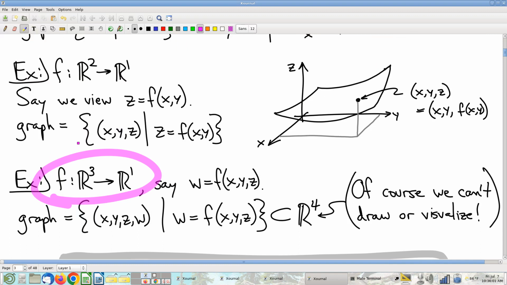But notice, if you've got 3 input variables and you've got 1 output value that you give a name to, we call it W, that means your graph consists of a bunch of points with 4 coordinates. That means it lives inside of a 4-dimensional space, and we cannot even pretend to be able to draw that.